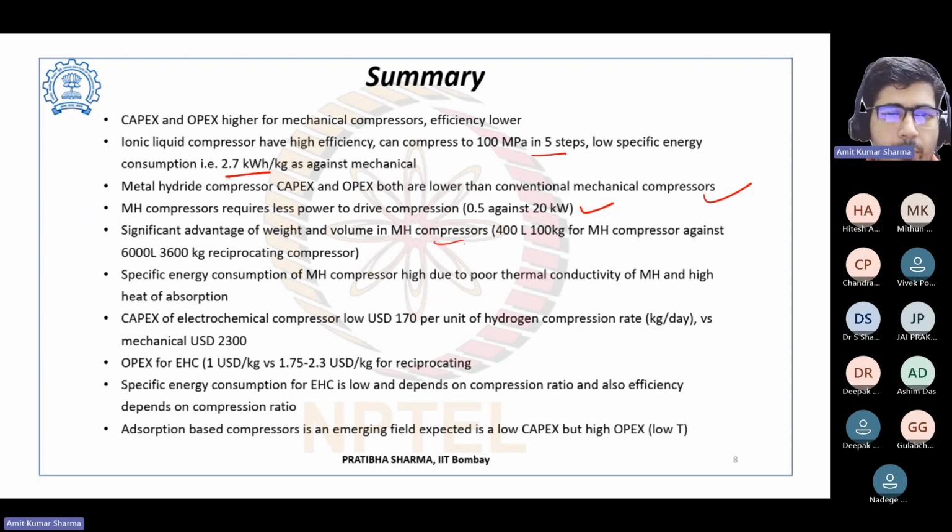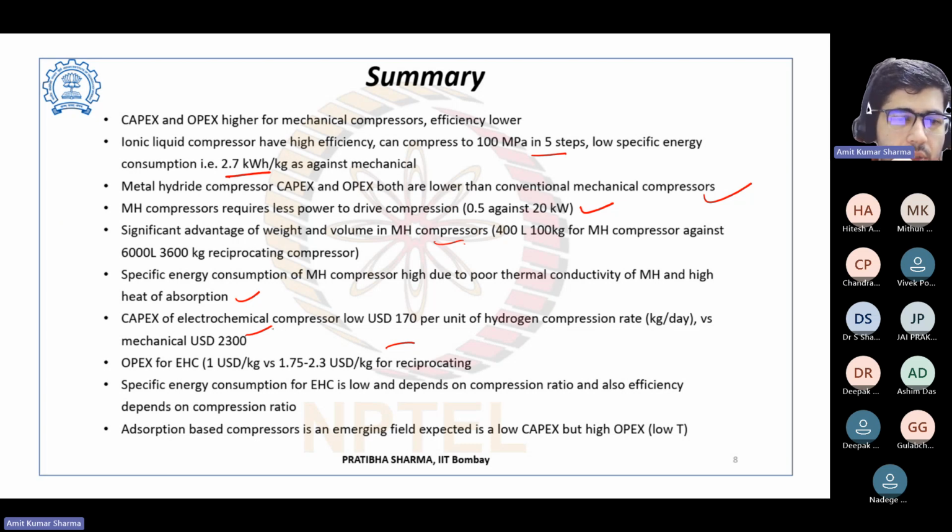Specific energy consumption of metal hydride compressors is high due to the poor thermal conductivity of metal hydride and high heat of absorption. The CAPEX of electrochemical compressors is low per unit of hydrogen compression rate versus mechanical compression. For the EHC, the OPEX is 1 USD per kg versus 1.75 to 2.3 USD per kg for reciprocating, so the OPEX is also lower for electrochemical compressors.